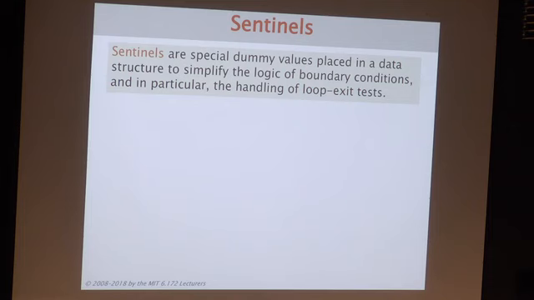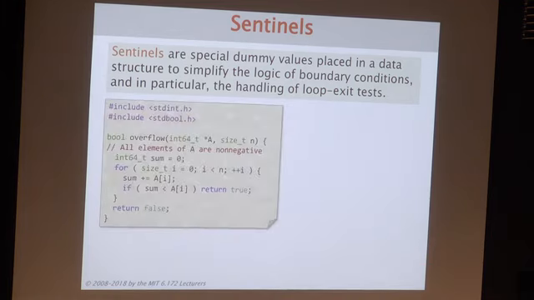OK, sentinels. Sentinels are special dummy values placed in a data structure to simplify the logic of handling boundary conditions, and in particular, the handling of loop exit tests. Here I have again a program that checks whether the sum of the elements in some array A will overflow if I added all of the elements together.